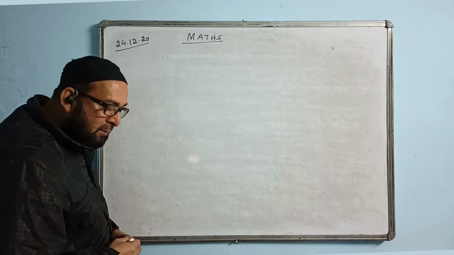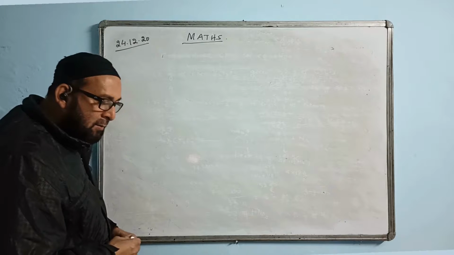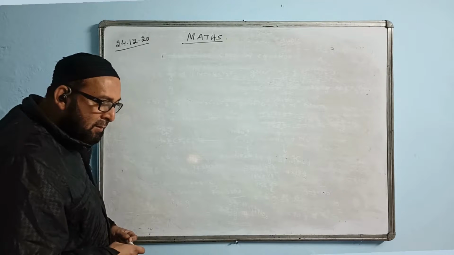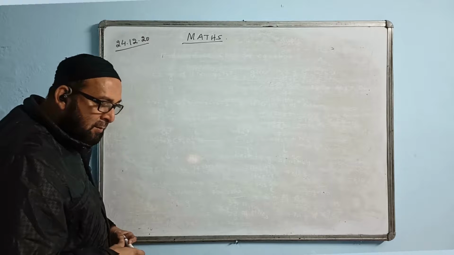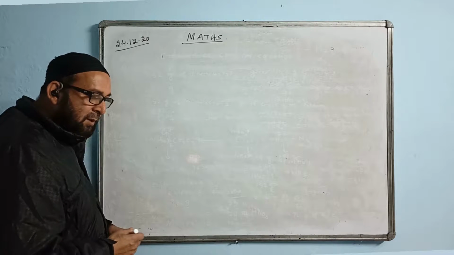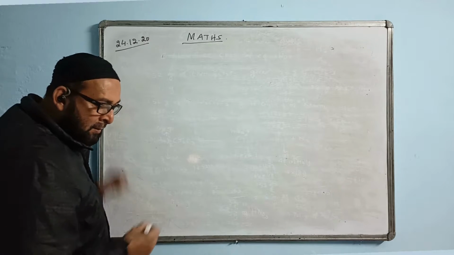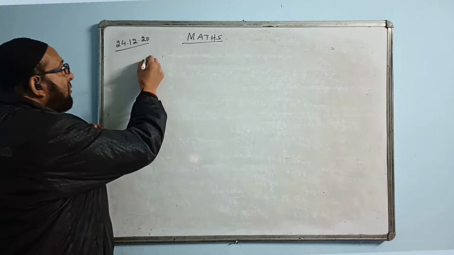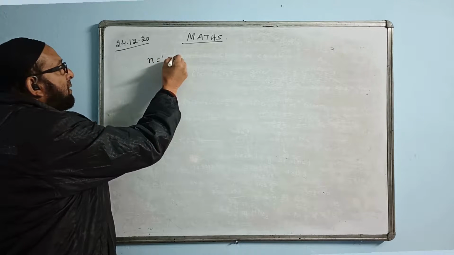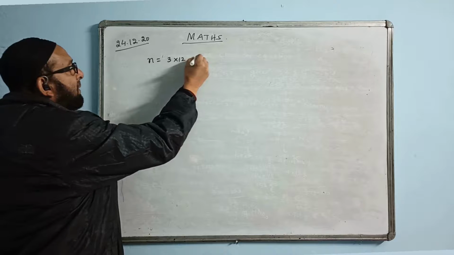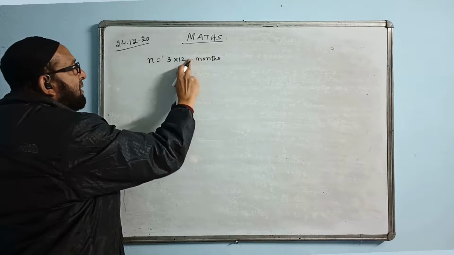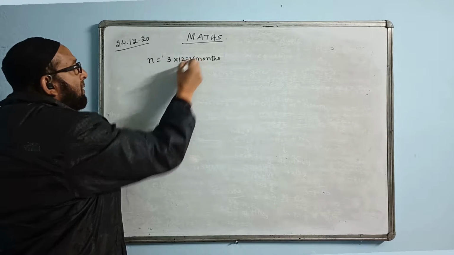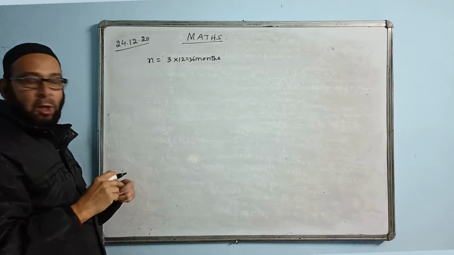Whatever has been given, you have to use that. Write down n is equal to 3 years, that is 3 into 12. We'll change immediately into months. 3 into 12, that is 36 months.